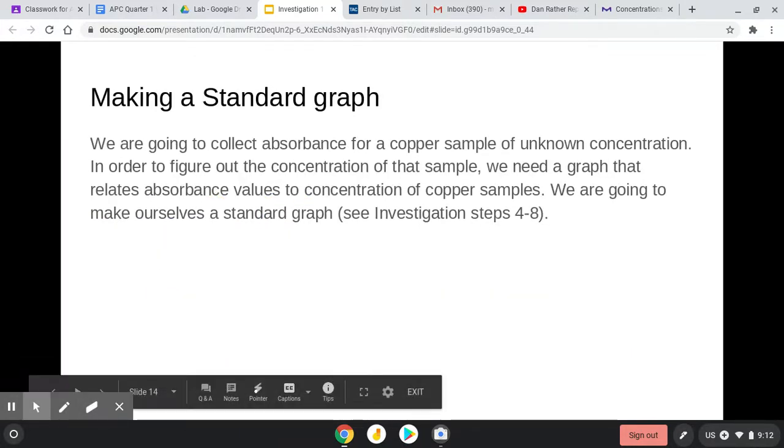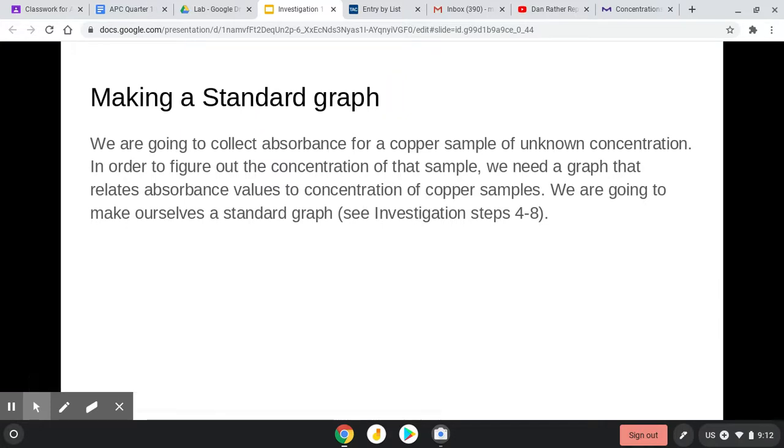Okay, last thing I need you to do for the pre-lab for this lab is to calculate some concentrations for me so that we can make a couple solutions. So the next part of this lab is we're going to be actually collecting absorbance for an unknown sample, which is our little brass sample. So we're going to collect it, but that's an unknown concentration.